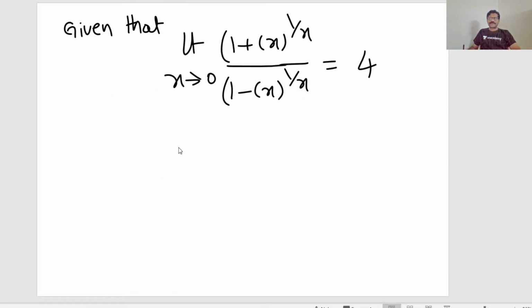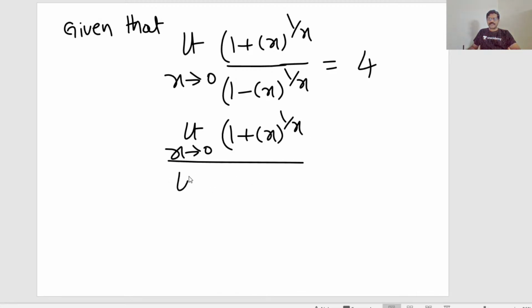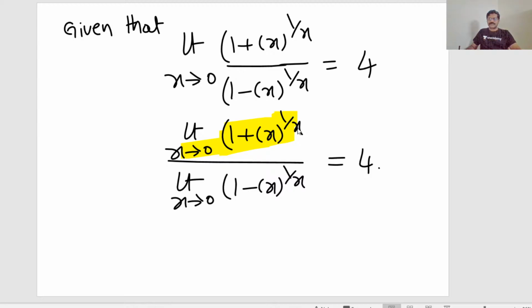It means limit x tends to 0, (1 plus cx) whole power 1 by x by limit x tends to 0, (1 minus cx) whole power 1 by x equal to 4. Numerator is e power c.